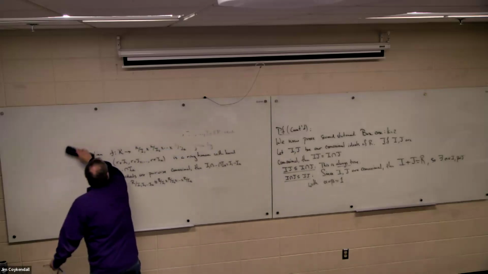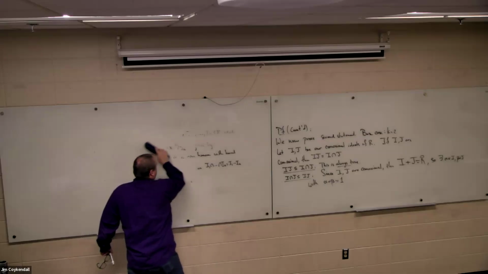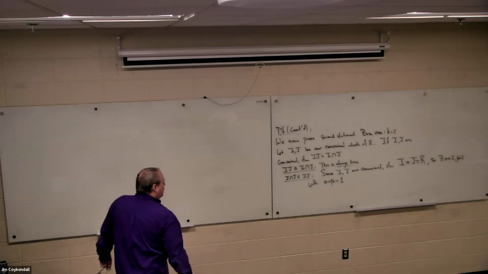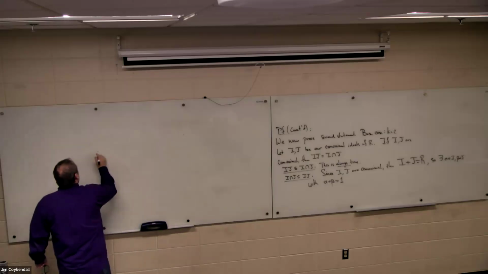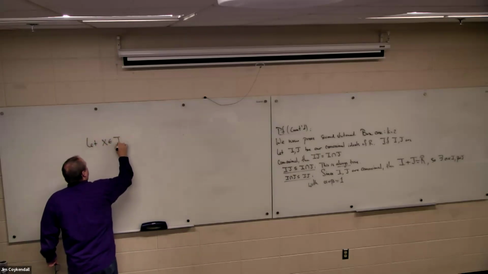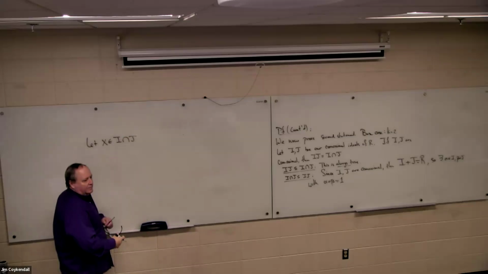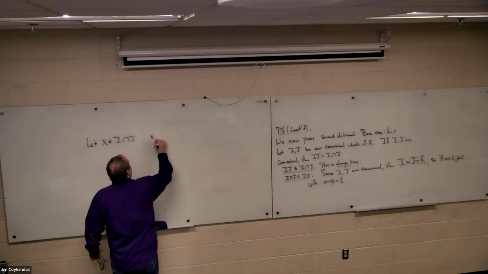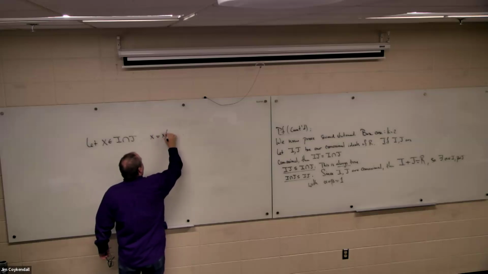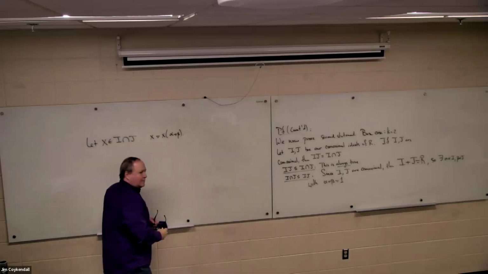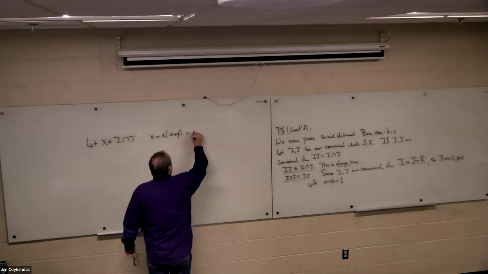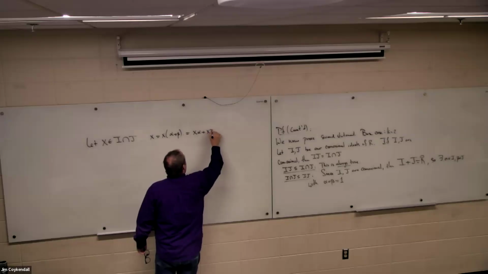Let x be any element in I intersect J. Notice that x equals x times 1, which is x times alpha plus beta, right, because alpha plus beta is one. So x is x alpha plus x beta.